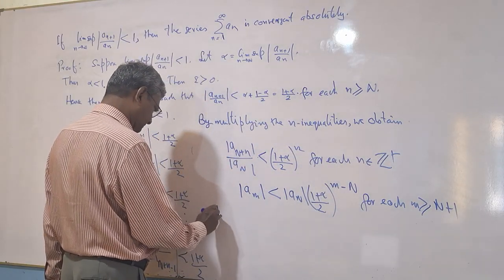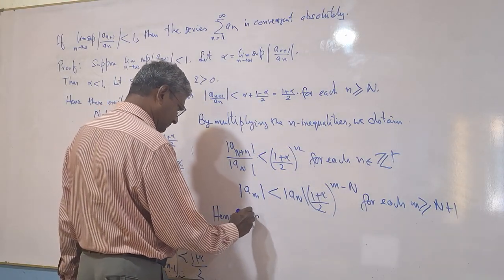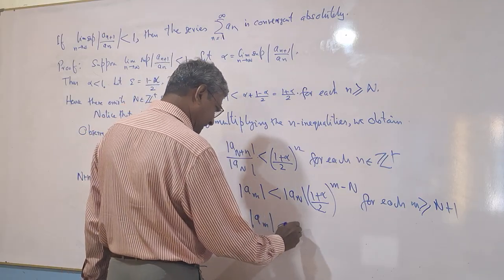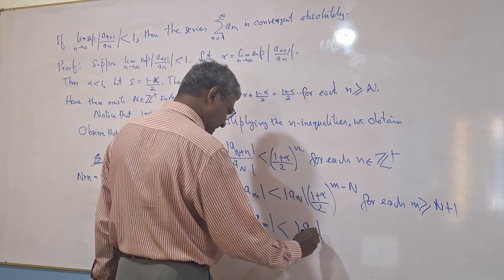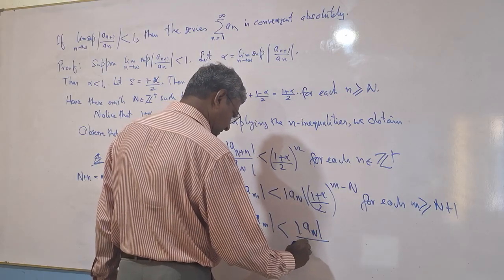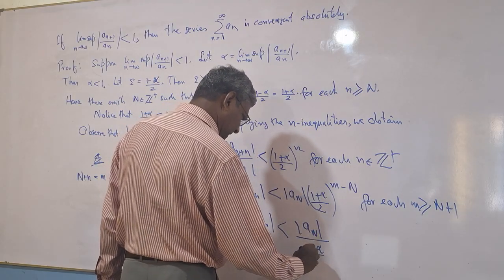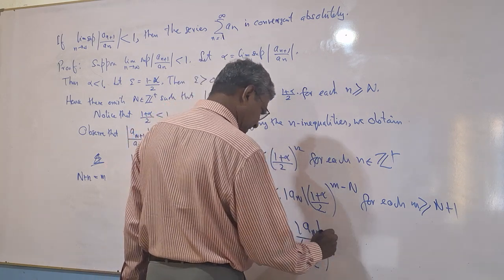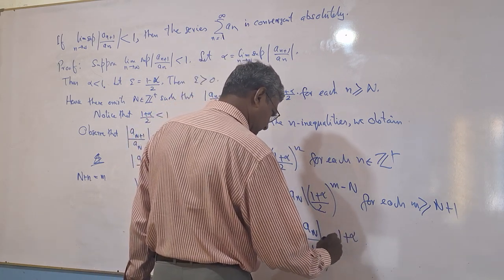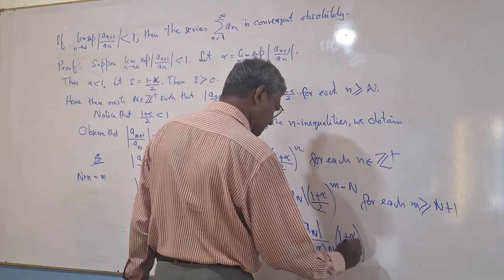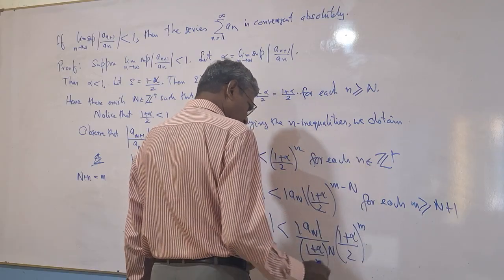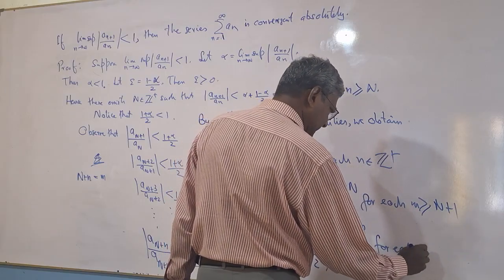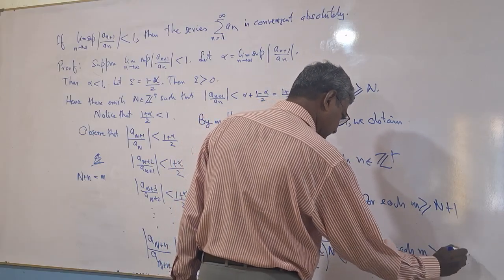Hence |a_m| is strictly less than |a_N| divided by ((1 plus alpha)/2) raised to the power N, times ((1 plus alpha)/2) raised to the power m, for each m greater than or equal to N plus 1.